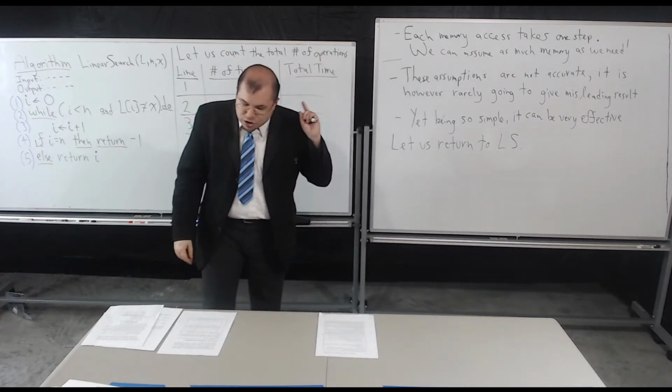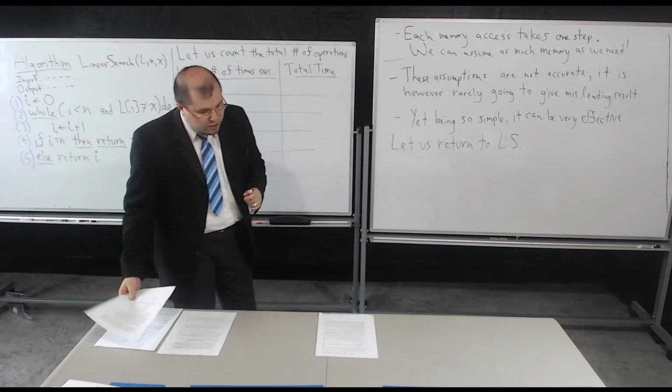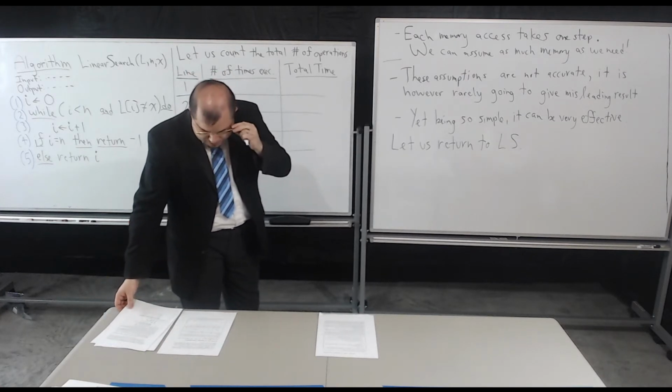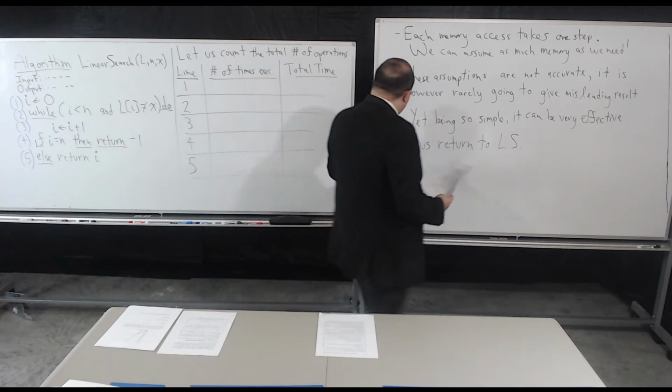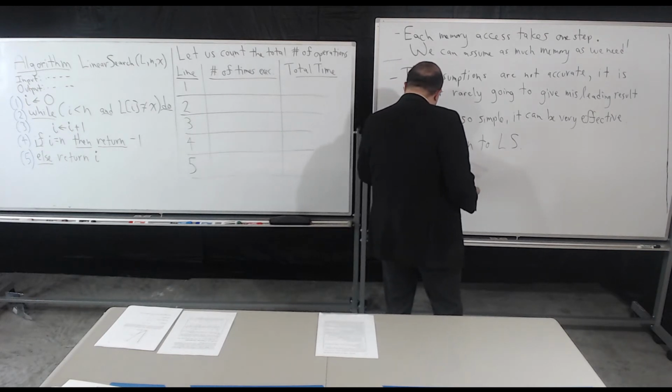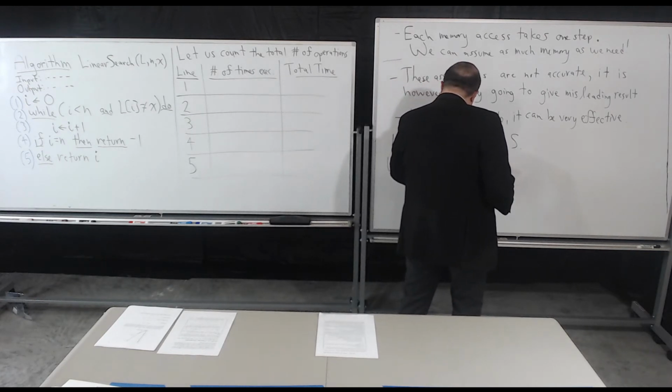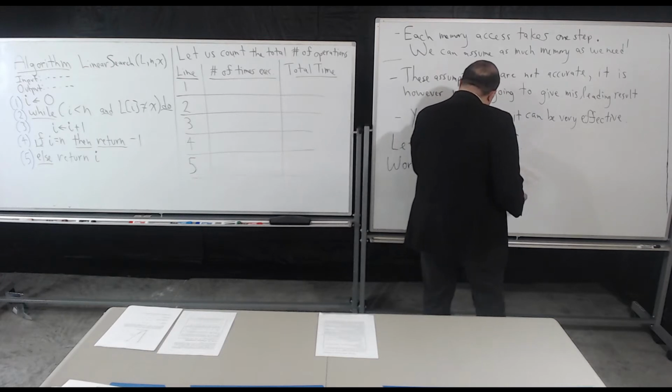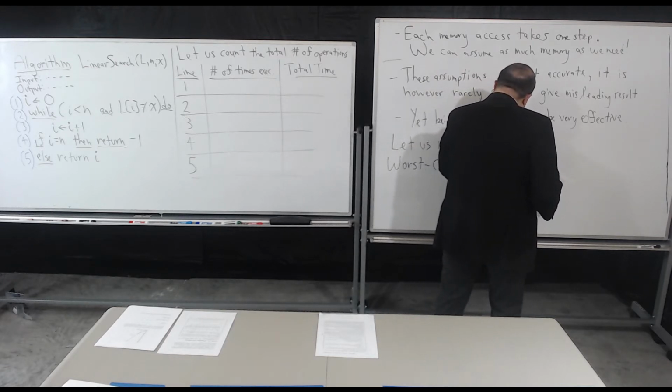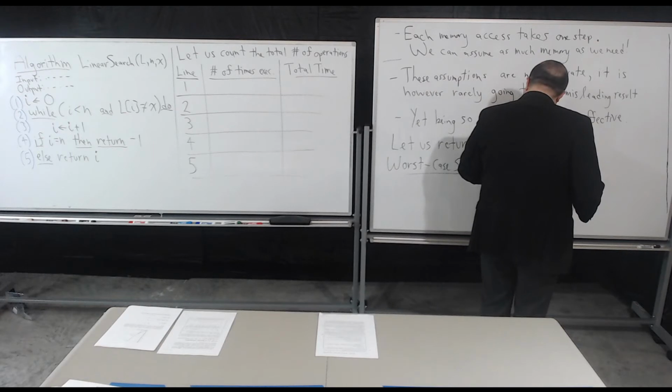Now, before I can do this, I need to identify the worst case scenario, right? So what's the worst case scenario? I'll let you think about that. We're going to perform worst case analysis on linear search here.